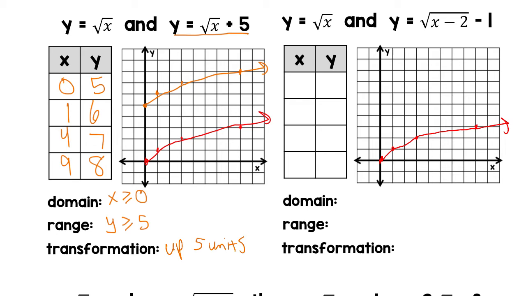Now, let's draw the new function. Y equals the square root of x minus 2, minus 1. So if you look back on the first page, you'll see that the standard form here was y equals a square root of x minus h plus k.